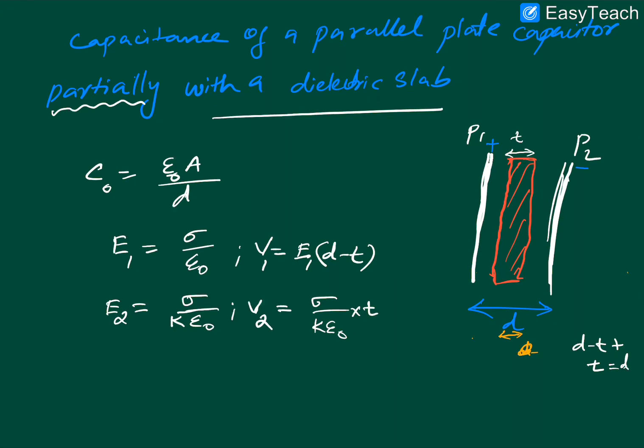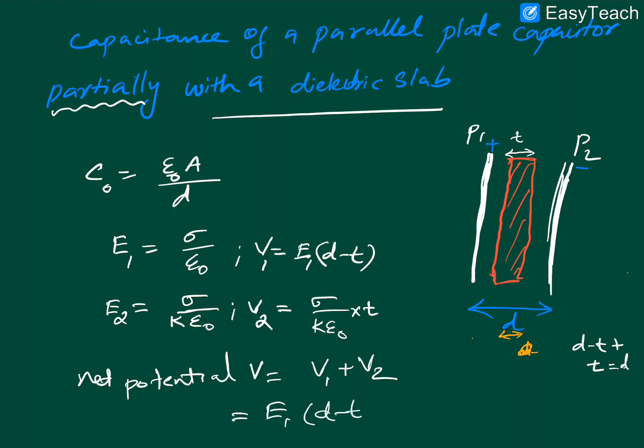Now what is the net potential inside? Since there are two materials, air and slab, we found both of them individually or separately, and then we can find the net potential. Net potential V is equal to V1 plus V2, that is E1 into D minus t plus sigma by K epsilon 0 into t.